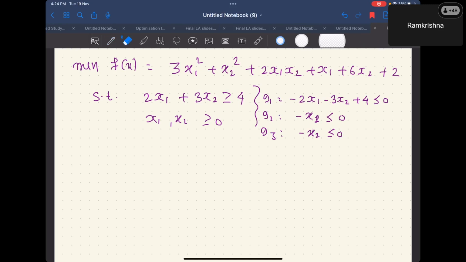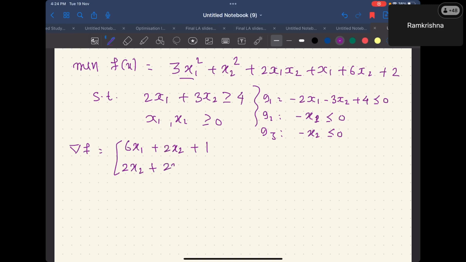Now I know how to write the Lagrangian for this. I need to compute the gradient of f. That will be, with respect to x1, 6 x1 plus twice x2 plus 1. And the gradient with respect to x2 will be twice x1 plus 2 x2 plus 6.